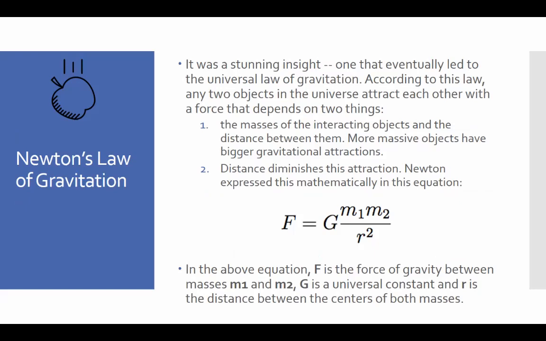And that's that inverse square that we talked about earlier. If we take a look here, you'll notice r squared on the bottom. That's that inverse square. And when we take a look at the top, this is mass, which is going to be in kilograms, and distance, which is going to be in meters.